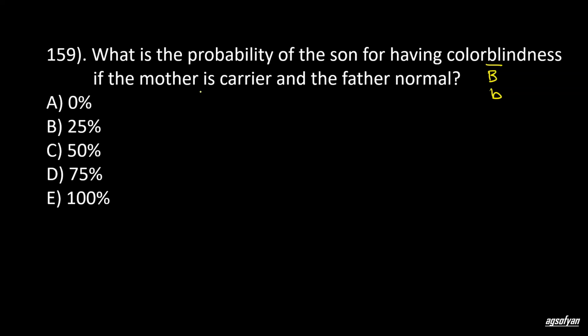Now look at this, mother is a carrier. Remember, mother will have 2 X chromosomes. It is a carrier, so one of them will carry the capital letter and the other one will be lowercase. This is a carrier, which is actually normal.